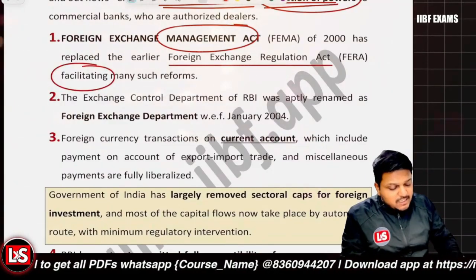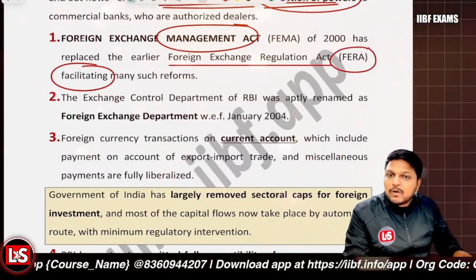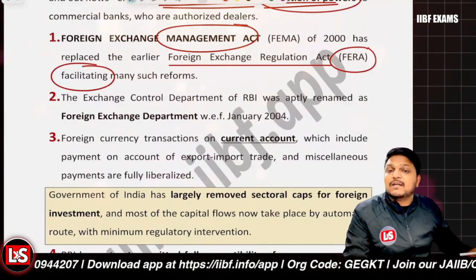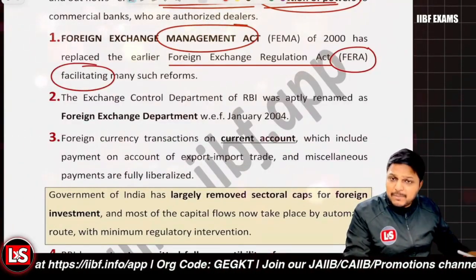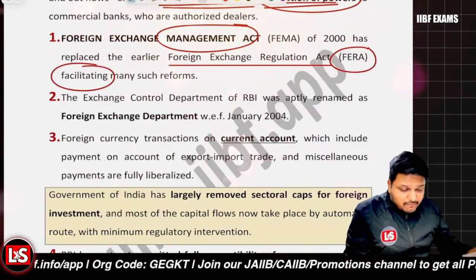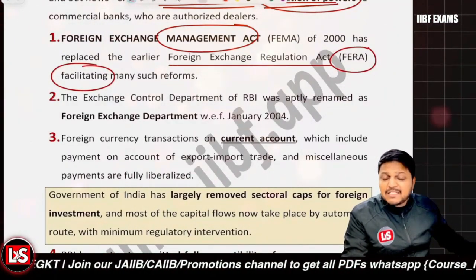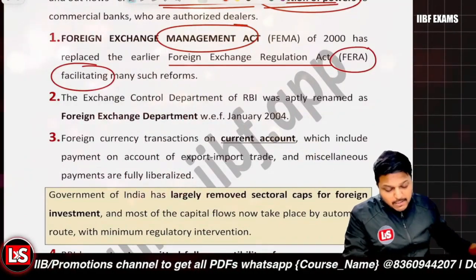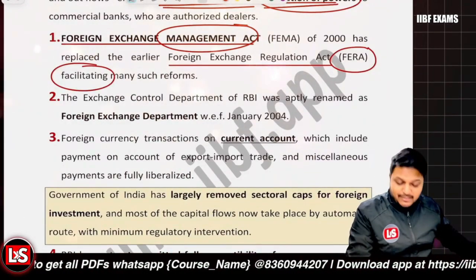FERA was concerned that we are to conserve the forex with us, but FEMA is about facilitating forex exchange and external trade, right? FEMA is liberal and facilitative, but FERA was restrictive and control oriented. So FEMA is basically a market friendly foreign exchange regime, we can say.